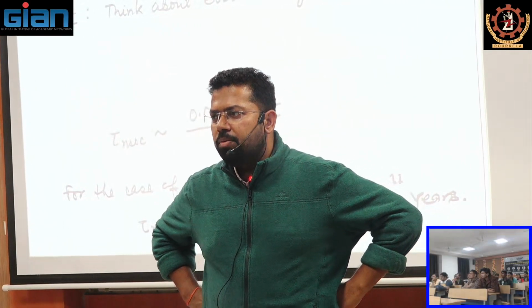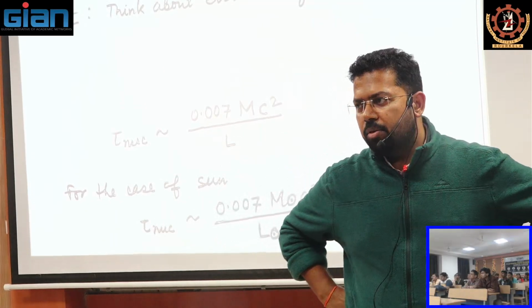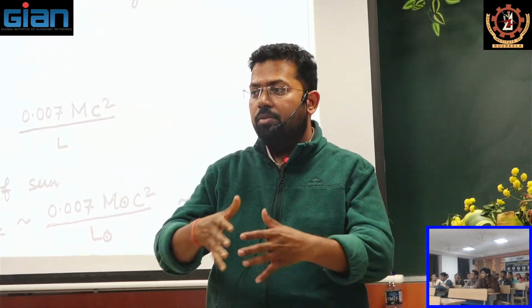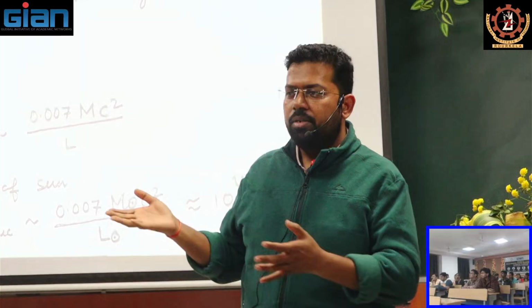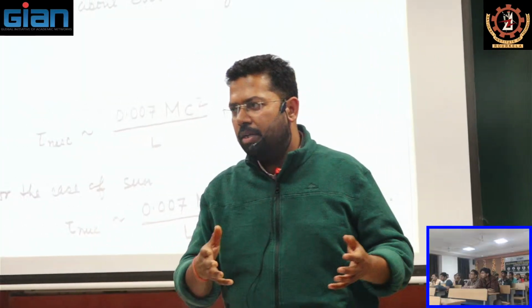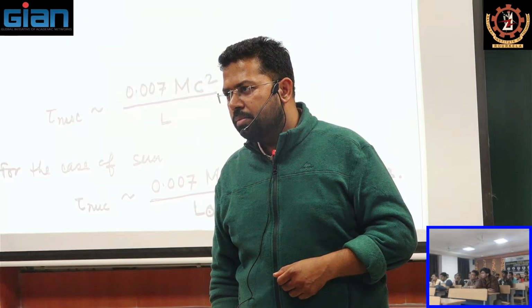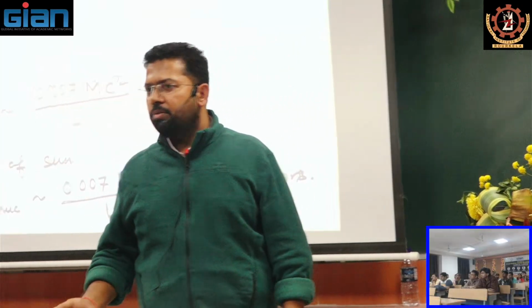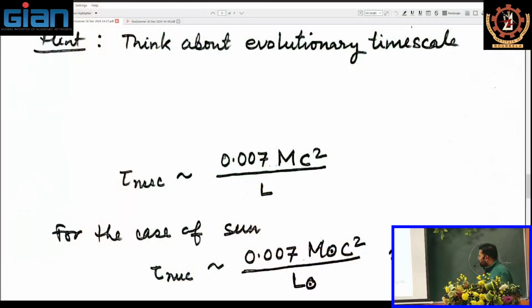So even though a large amount of material is concentrated in the center, that does not mean that the entire central region has sufficient conditions for ignition of hydrogen, helium or other heavier elements. Clear, right? Okay, any other question? Perfect.